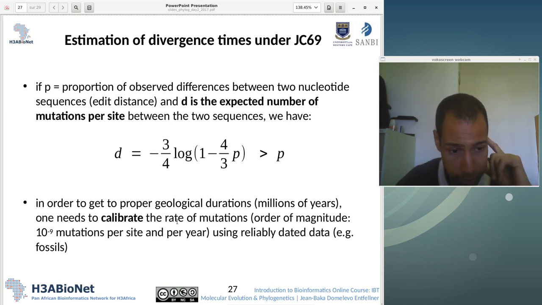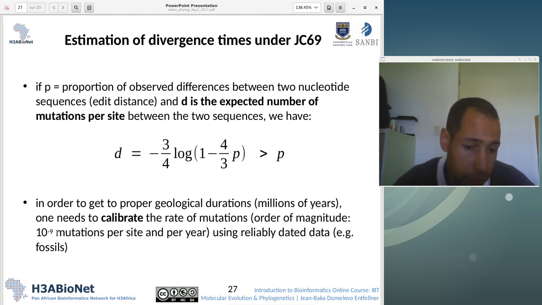Just to give you an order of magnitude, on some data, I don't remember exactly what kind of alignment I got this from, but in most DNA alignments, if it's not very quickly evolving organisms like viruses, I think it's from mitochondrial DNA of mammals or something like that, I got 10 to the power minus 9 mutations per site and per year.